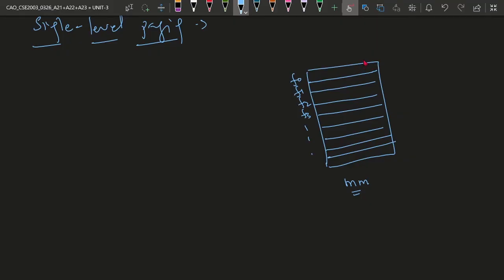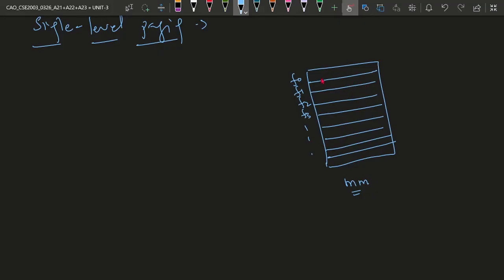If it is word addressable, it will be storing words, or if it is byte addressable, it will be storing bytes. For simplicity, we can consider either word or byte. So suppose this is storing bytes.